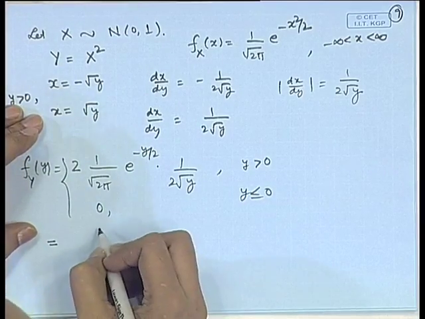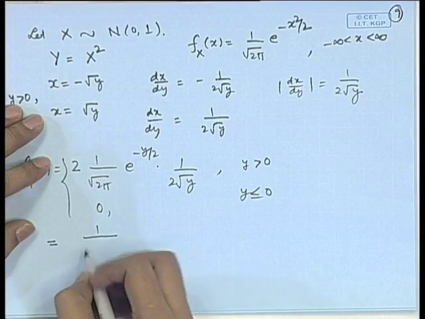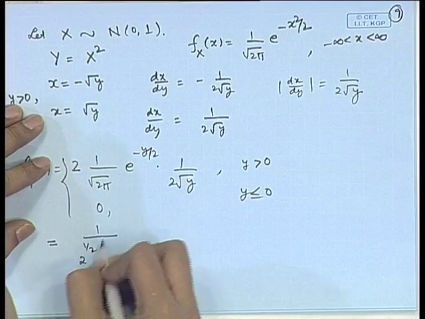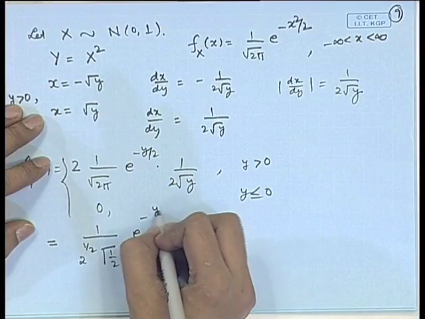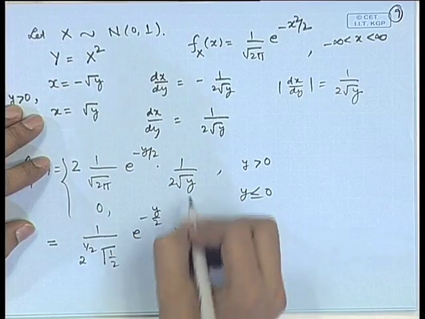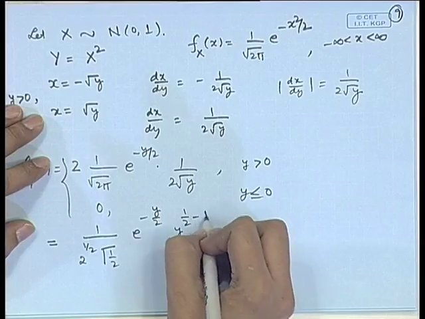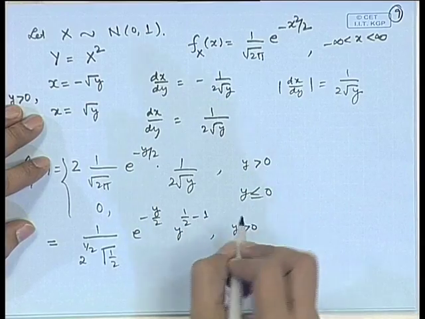So, this is equal to 1 by 2 to the power half root pi, which we can write as gamma half, e to the power minus y by 2, y to the power half minus 1, for y positive.